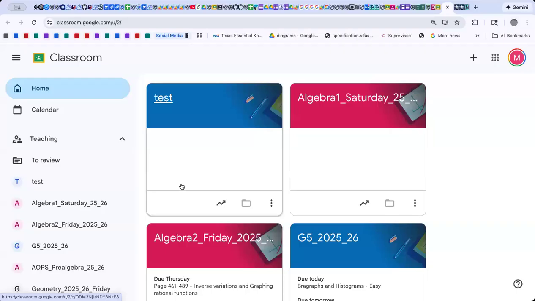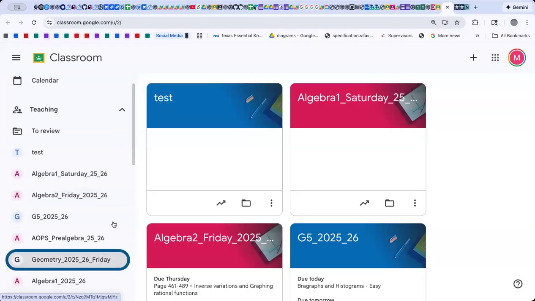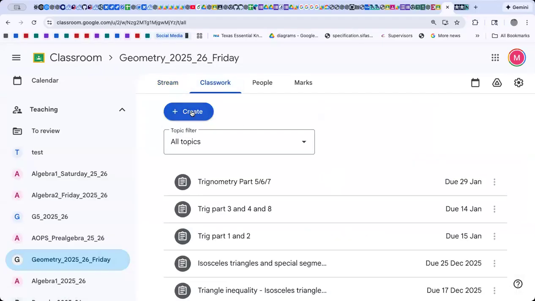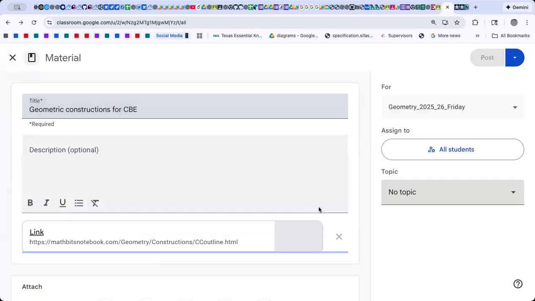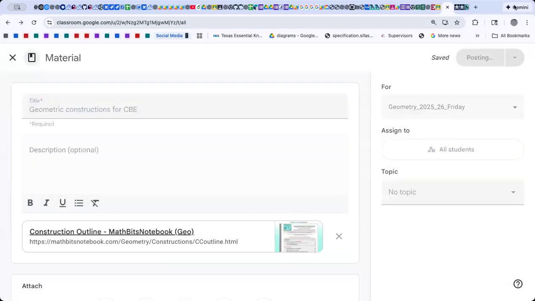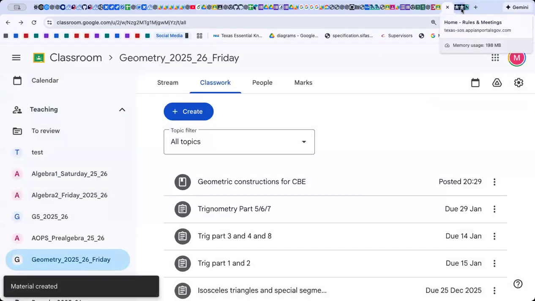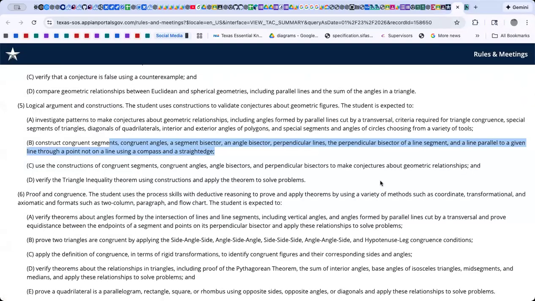There will be one or two construction questions if you are taking the CBE. I'm going to put it up as material here. More than that won't come; only basic constructions will be asked.